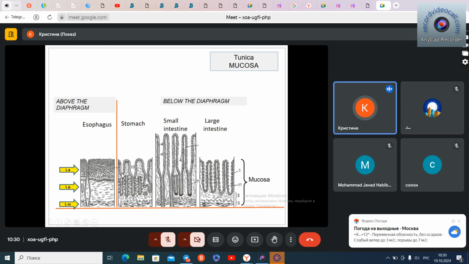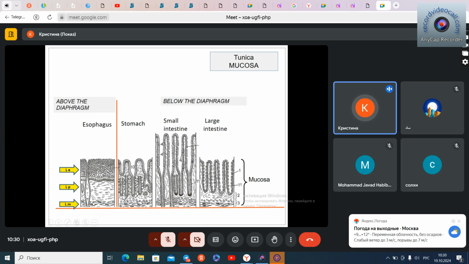It always contains smooth muscle cells, so here you see the smooth muscle cells, and the number of layers of the lamina muscularis and the orientation of smooth muscles is the same as in the muscularis externa.